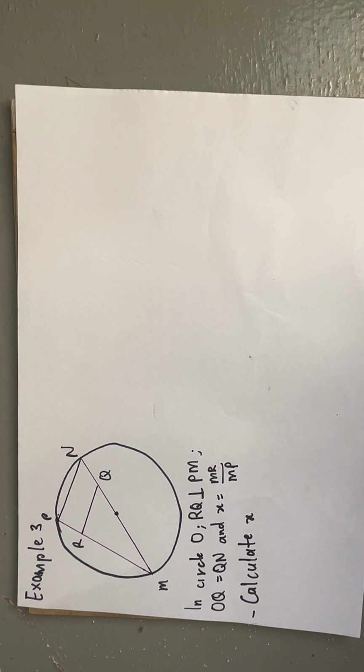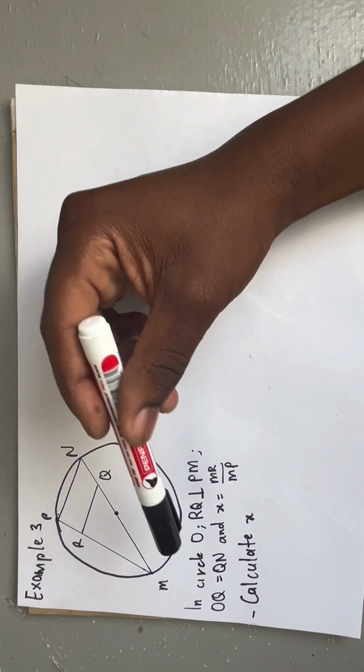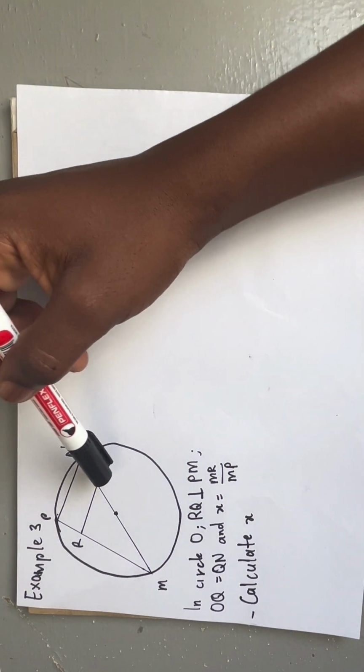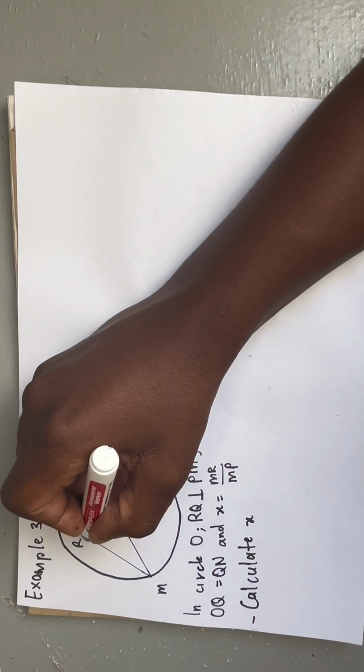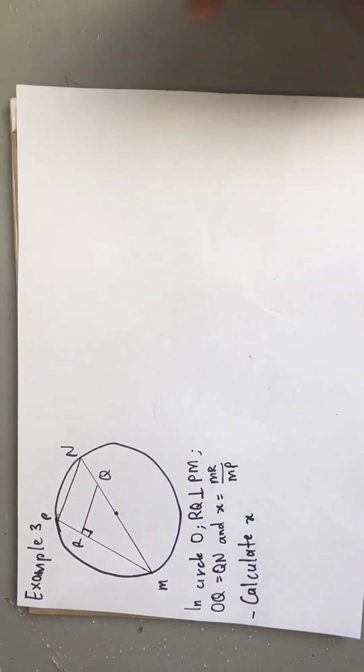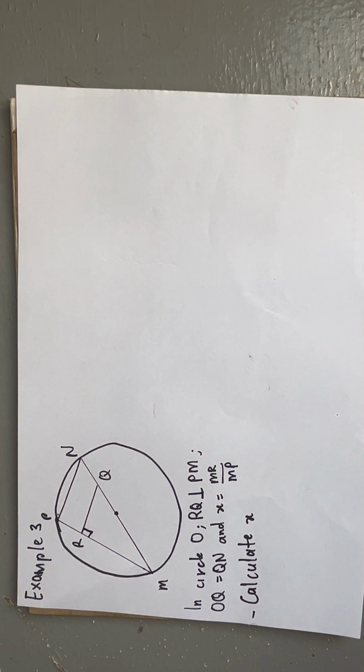So now we are firstly going to read our information and see what we are given. They say in circle O, this line RQ is perpendicular to PM, which means automatically it's 90 degrees. You don't have to ask, that's a given.